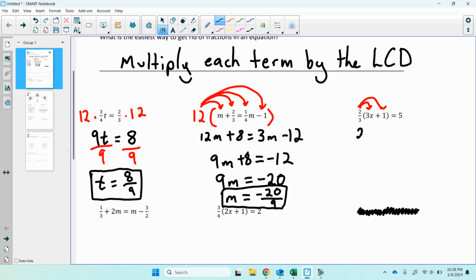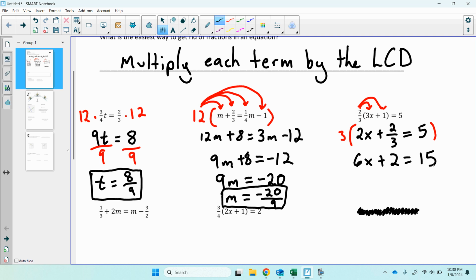So this becomes 2x. That fraction is cleared, but then we have to add 2/3. So it looks like my least common denominator, or common multiple in the denominator, is 3. So we'll multiply everything by 3 here. That makes it 6x plus 2 equals 15.